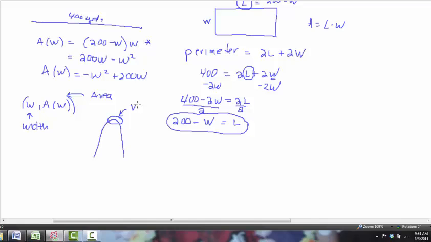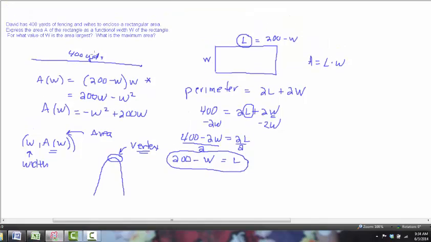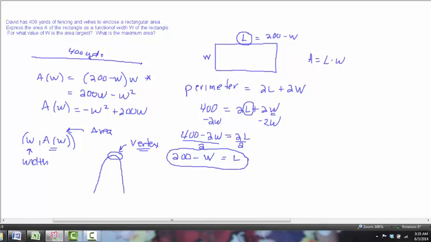So in this case, I'm looking for the vertex of the parabola. The vertex will give me the width that yields the largest area, or the maximum area. So once I find that, I will be able to answer the last two questions: for what value of W is the area the largest, that would be the X coordinate, and what is the maximum area, that would be the Y coordinate. So I need to find the vertex.